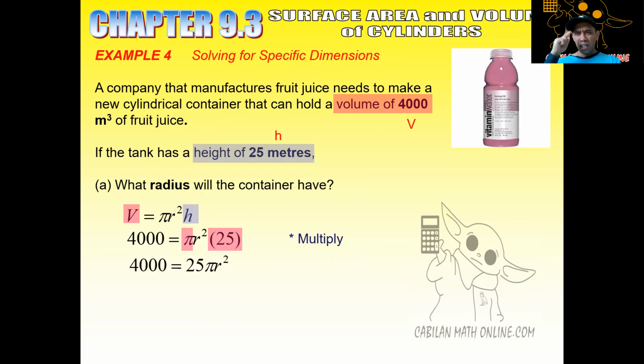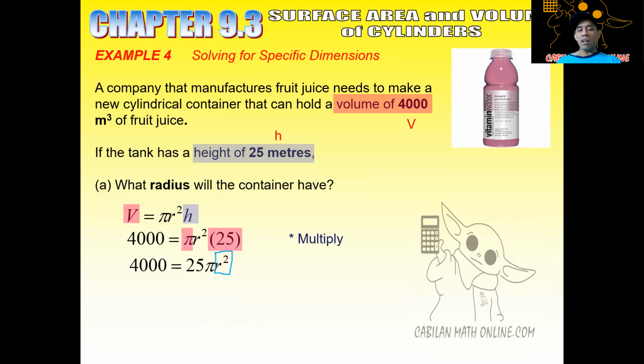You notice there's a tiny 2 attached to it, and we're going to deal with that in the final step. So in the next step, we're just going to make a note of the fact that we do need to leave the r squared term first. We're not going to do anything with the squared just yet. What we need to understand is that the 25, the pi, and the r squared are grouped together by multiplication. So our next step is to perform the opposite of that, which is division.